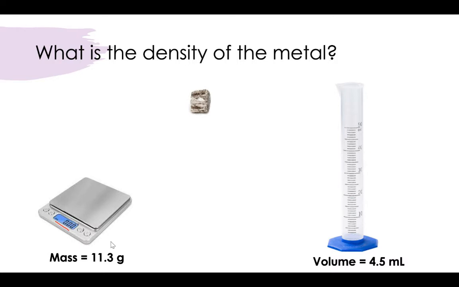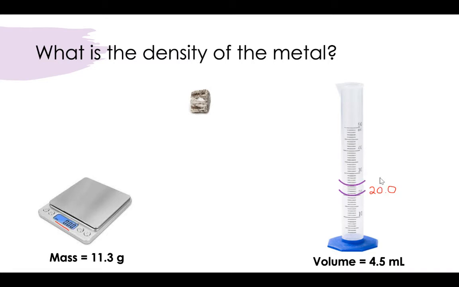But when we measure the volume, we will need to have an uncertainty digit. So in this case, I put water in the graduated cylinder, and I filled the water up all the way to the 20 mark. So this was 20.0 milliliters. And then I put the rock in there, and the water went up to this point.